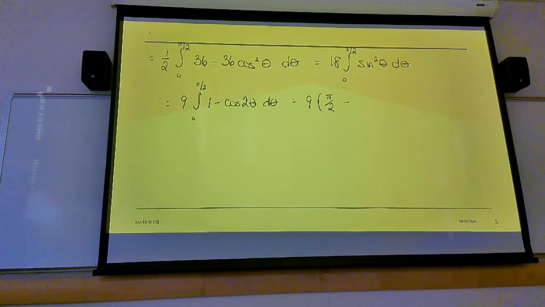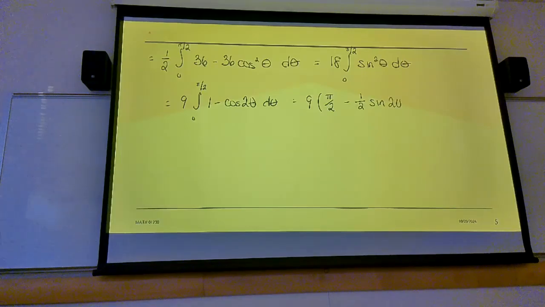Did I get a sign wrong? It's not negative, but it is sine of 2 theta, not sine of theta. Oh, right, sine 2 theta. And it does stay minus because the original is minus. And that will go from 0 to pi over 2.